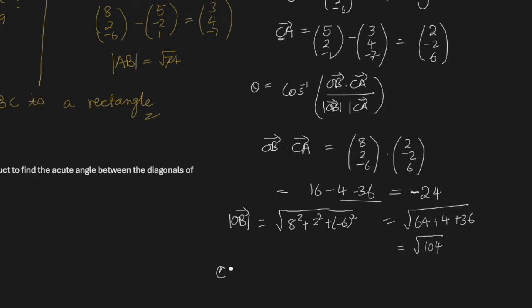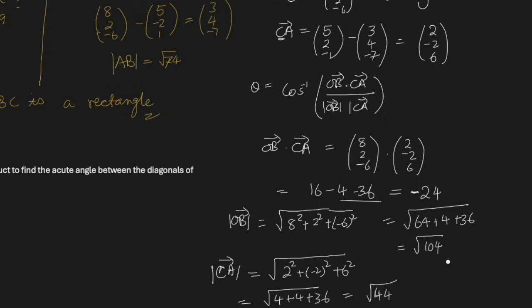So CA, its magnitude will be 2 squared plus minus 2 squared plus 6 squared, which is 4 plus 4 plus 36, which is square root 44.